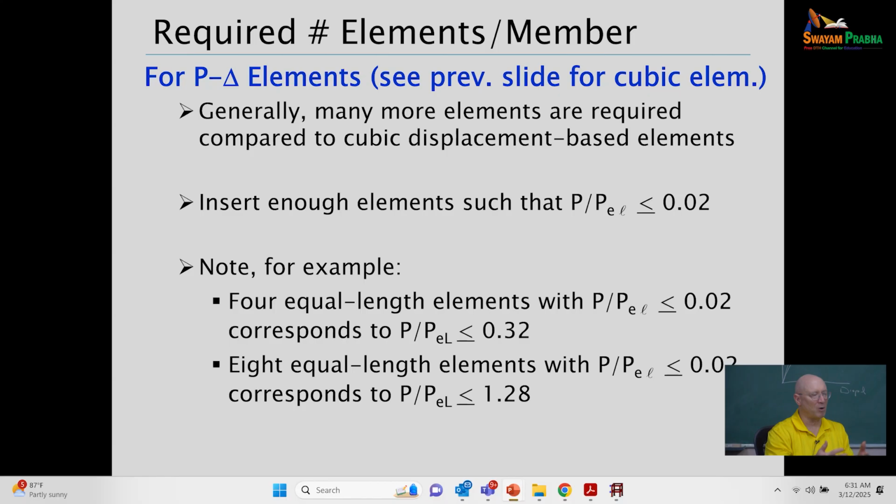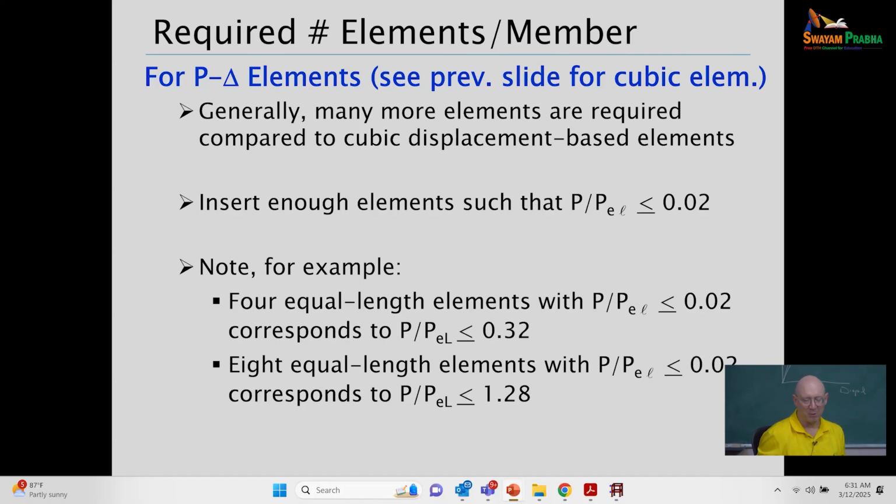Now you could even go larger, but I think you can't get any further. If you keep pushing this, you say, what's the worst I could possibly have? Well, that would be needing to handle a P over PE capital L of 4. So that would take quite a large number of P small delta elements.